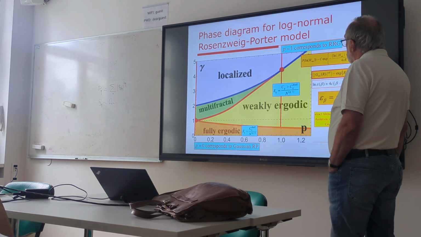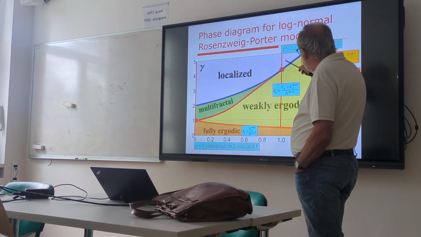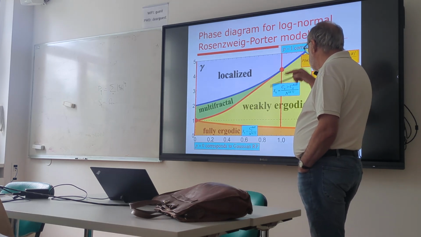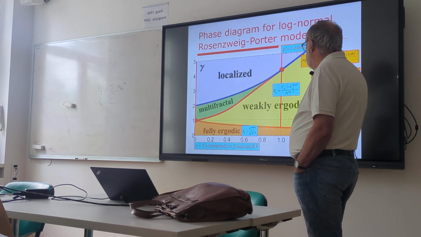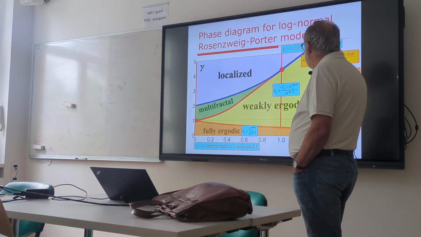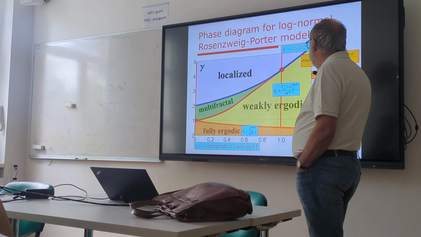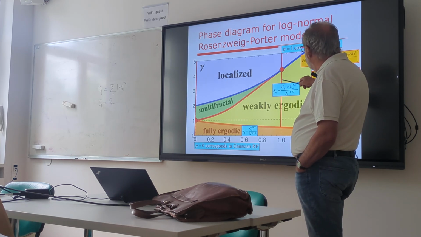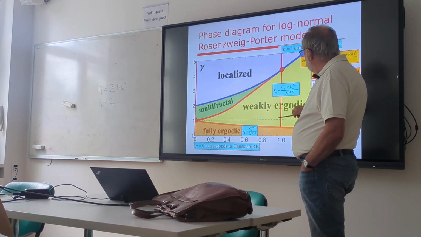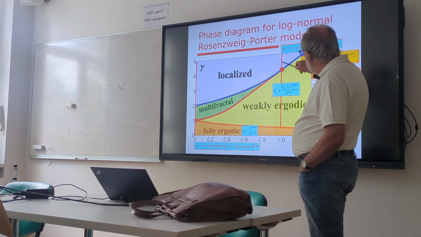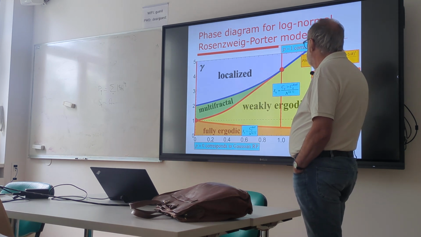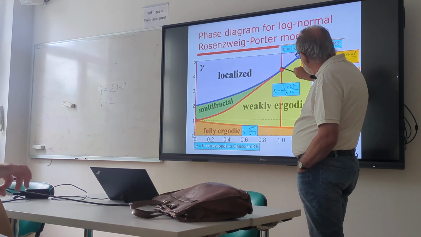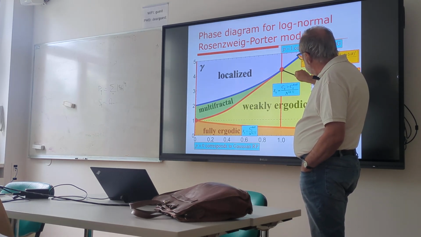So you see, this mapping also supports the result which was declared, I would say, using the sigma model, that in the random regular graph there is no multifractal phase, but there is only ergodic and localized. So this mapping that I did gives you that this line comes exactly through the 3 critical points.